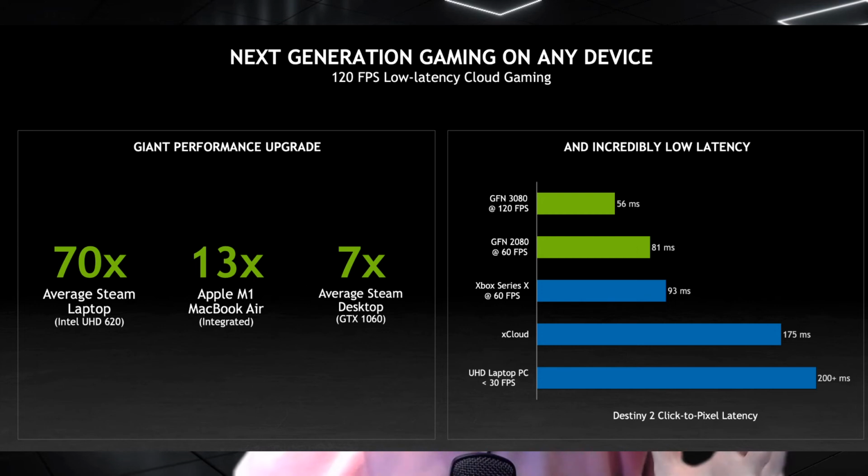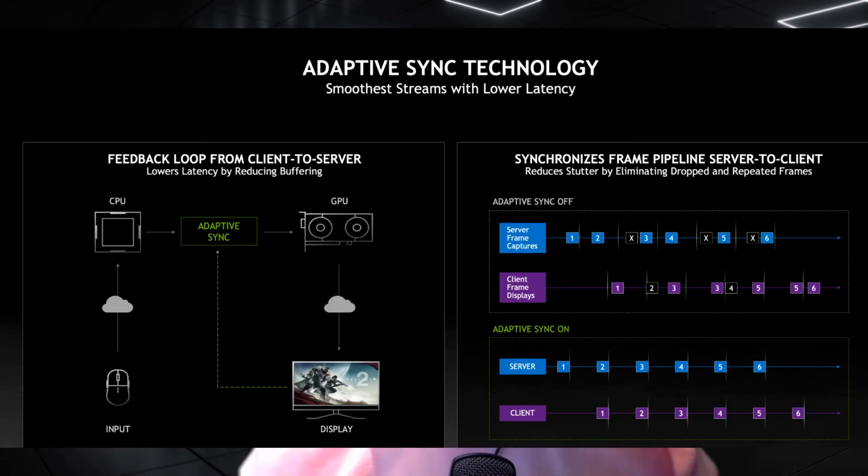Not only have they pushed that resolution up, they've doubled the frame rate. Through the use of adaptive sync technology they've been able to lower that latency, which is absolutely incredible.